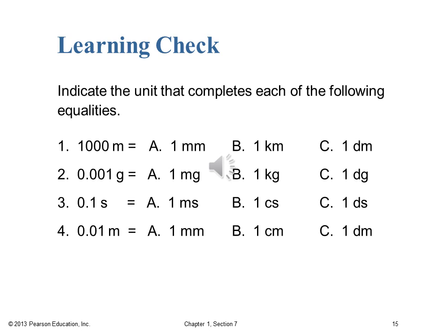Number 3, 0.1 seconds equals A, 1 millisecond, B, 1 centisecond, or C, 1 decisecond. And finally, number 4, 0.01 meters equals A, 1 millimeter, B, 1 centimeter, or C, 1 decimeter.